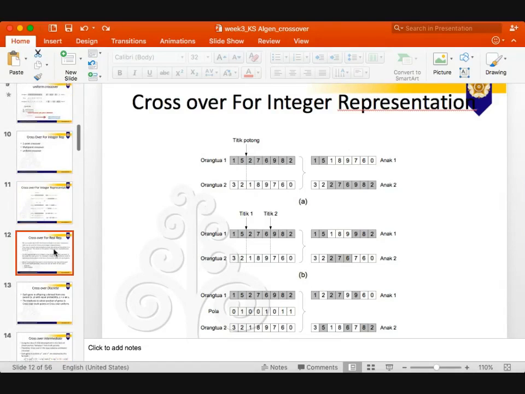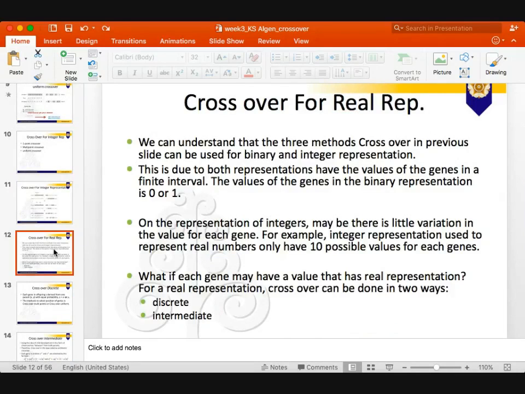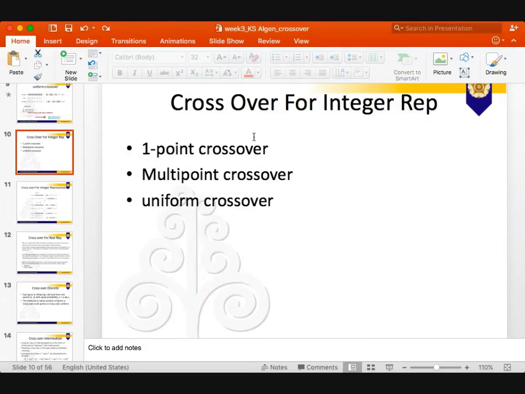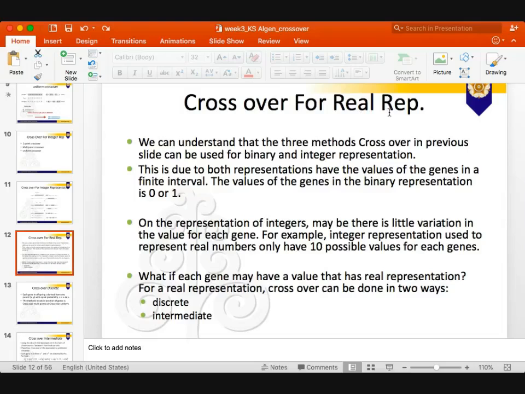Okay, how about real representation? We can apply the three methods used for integer and binary representation, one-point, multi-point, and uniform crossover, to real representation. But from there, we only achieve variation of the chromosome that is not really effective.